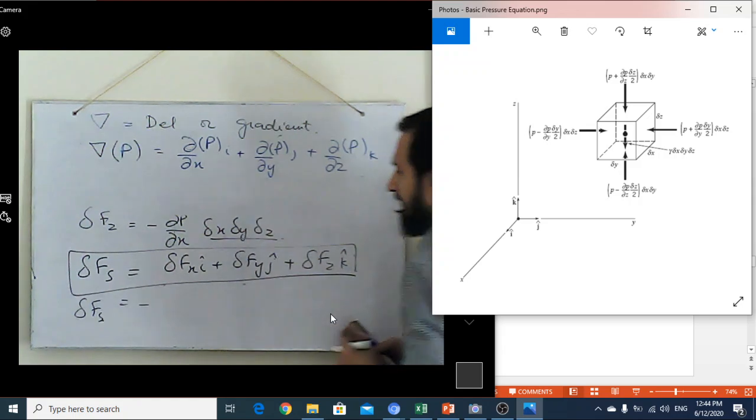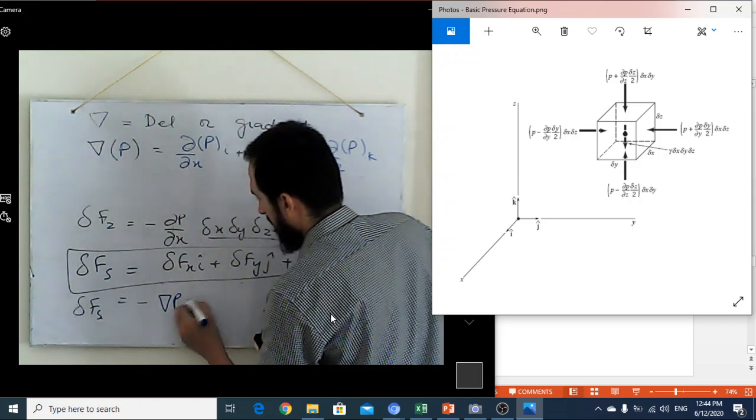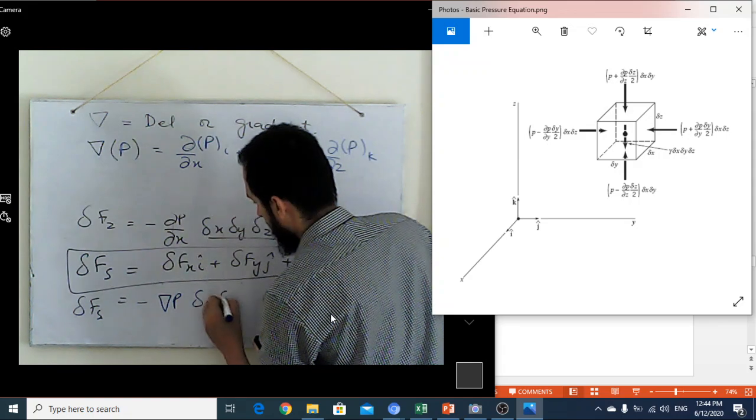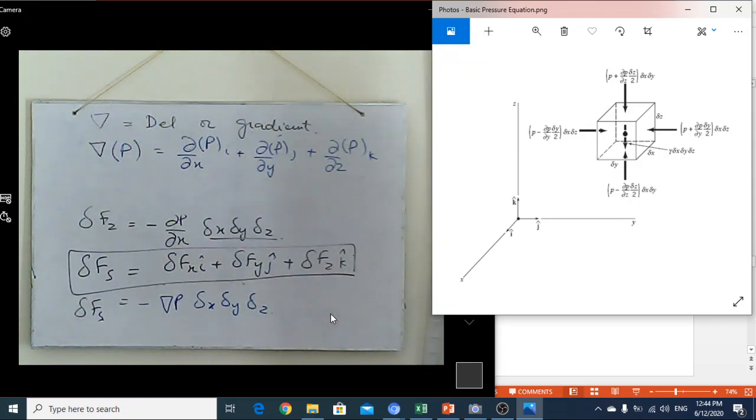So the equation reduces up to ΔP, Δx, Δy, Δz. So I think it will be now clear for you how we have reduced it up to this condition.